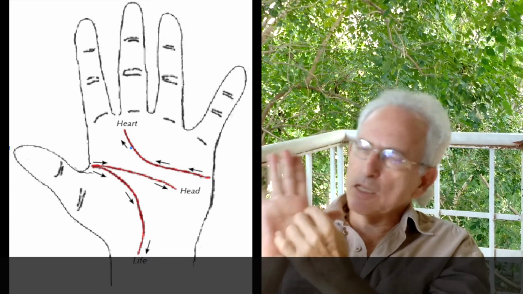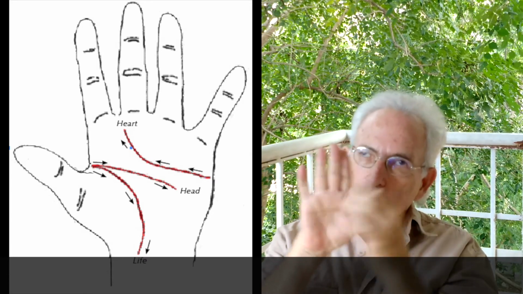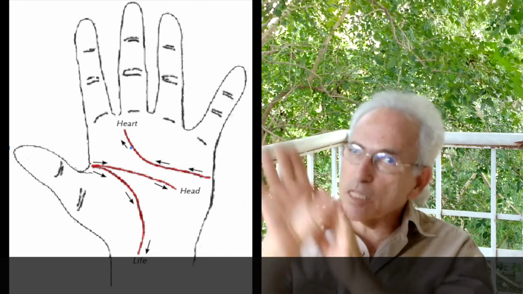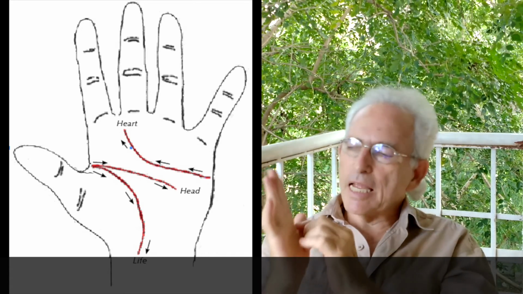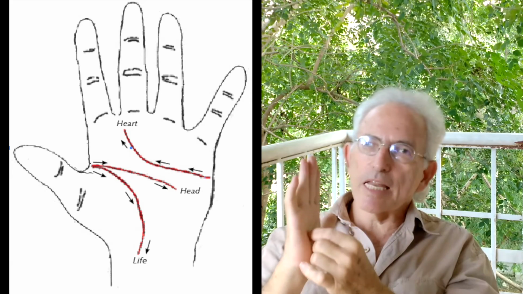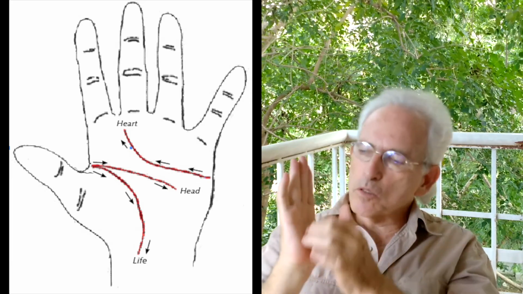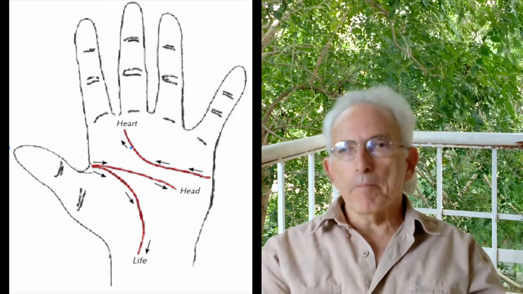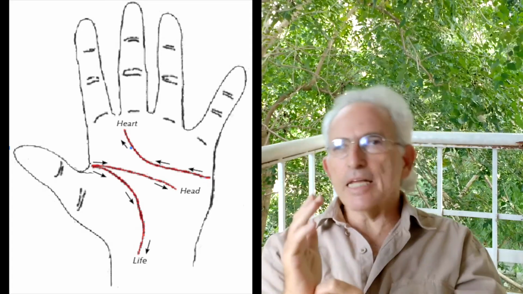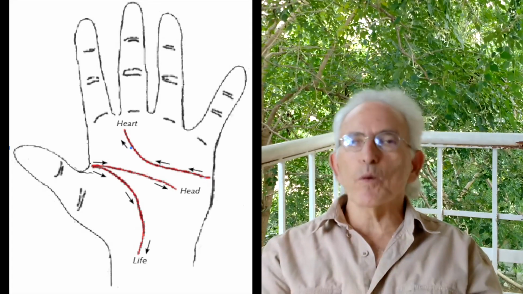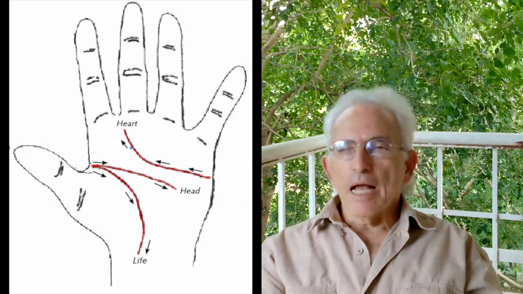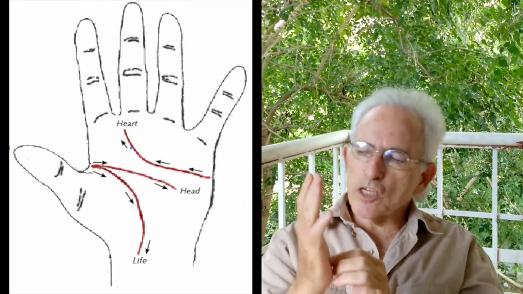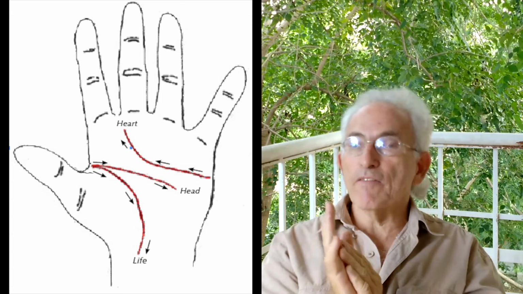It should start on this side of the palm, not the back side of the palm, and then it runs across, and then it curves down and goes around the Venus mount, and it can end in several different ways, which we will talk about. So that is showing the general course of your life.